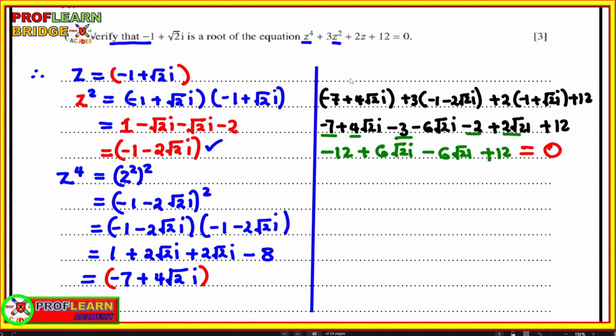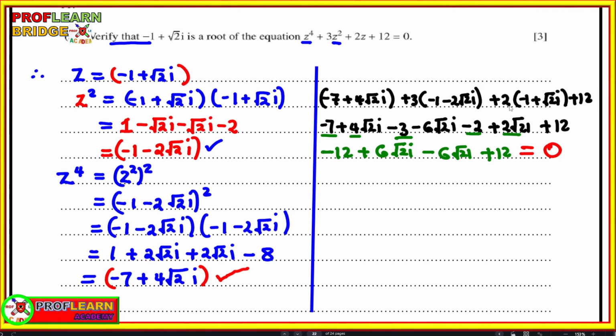Now substituting all this into the equation, we're going to realize that this is going to be equal to 0. If you substitute z to the 4, our z to the 4 is right there. 3 times z squared becomes negative 3 times this, becoming negative 6 root 2i.